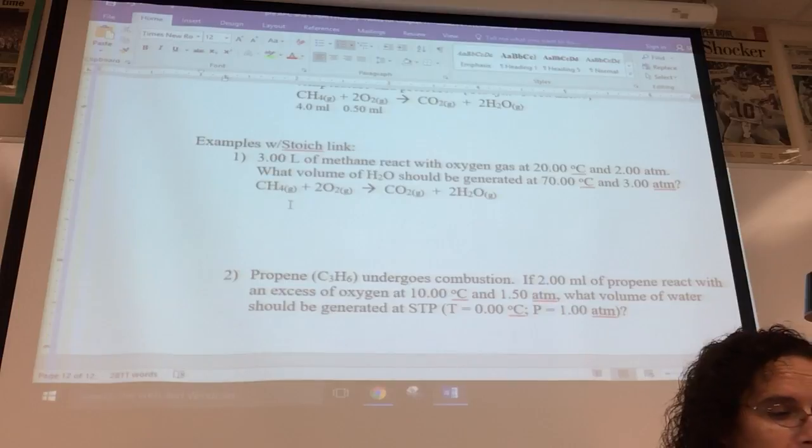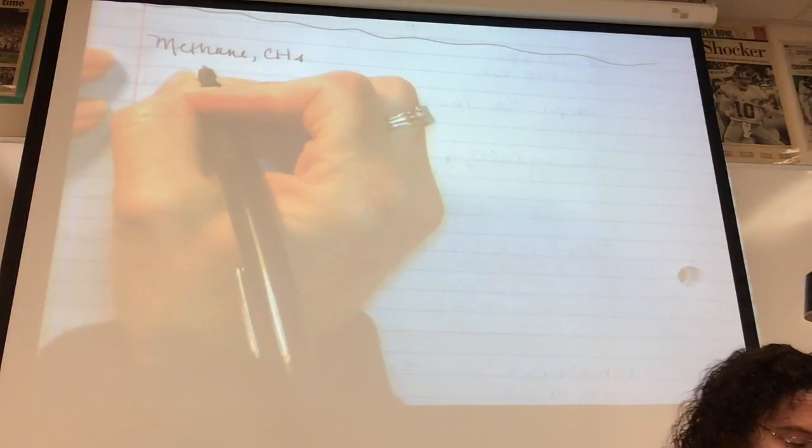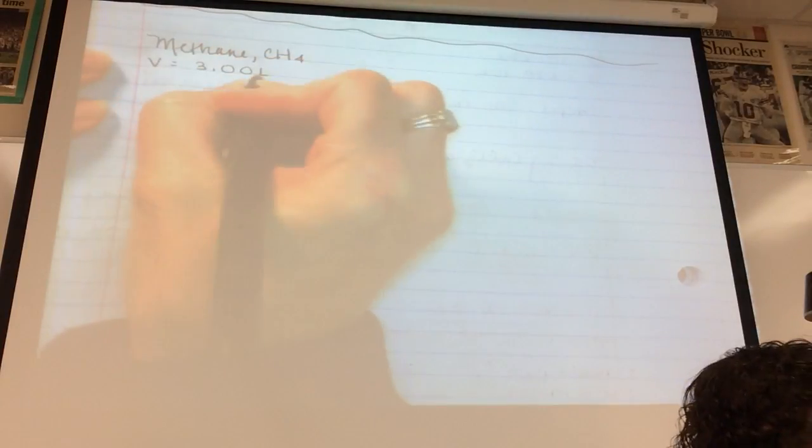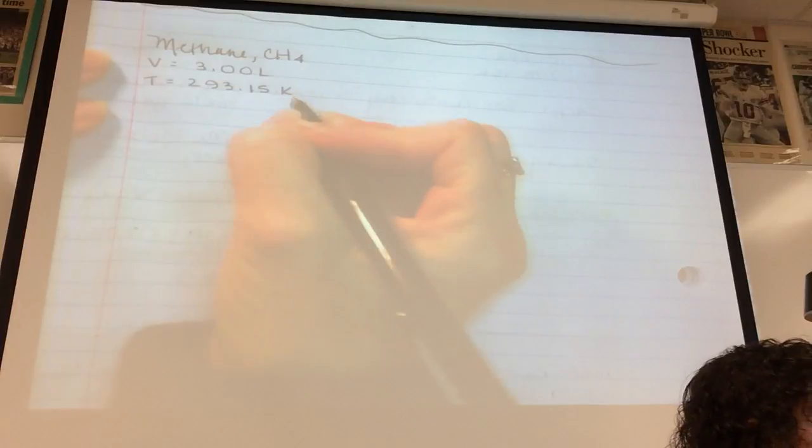So what you're looking at here, and I like to set up little tables so I can follow along with what the question is giving. So what I've got here is first they're talking about methane. And they said that the volume for methane is 3 liters. The temperature is 20 degrees Celsius or 293.15 Kelvin.